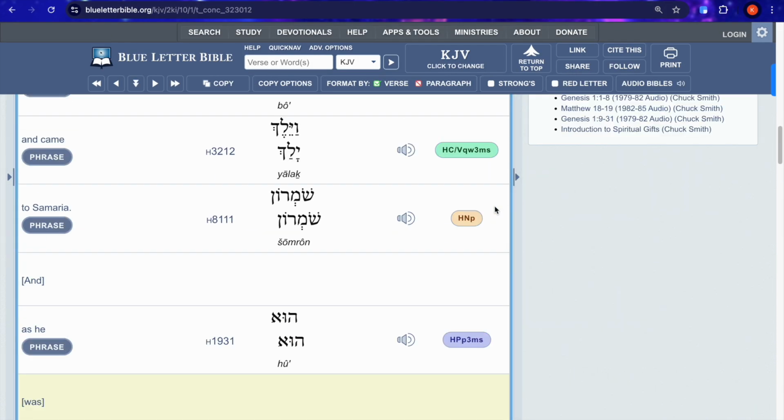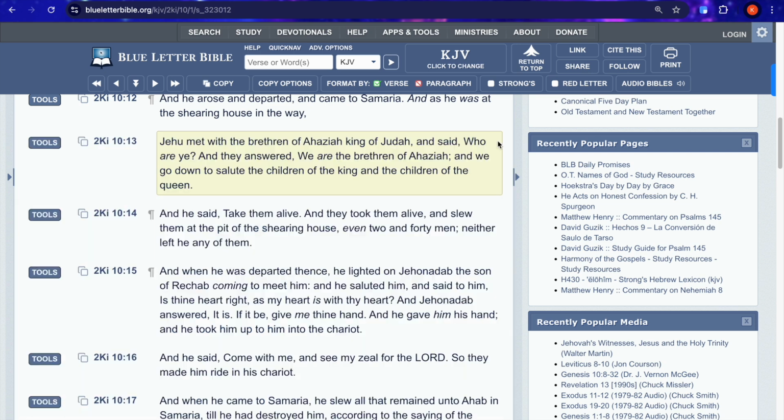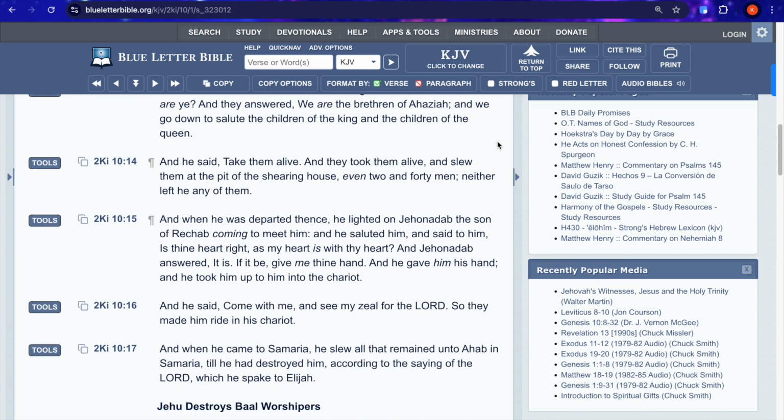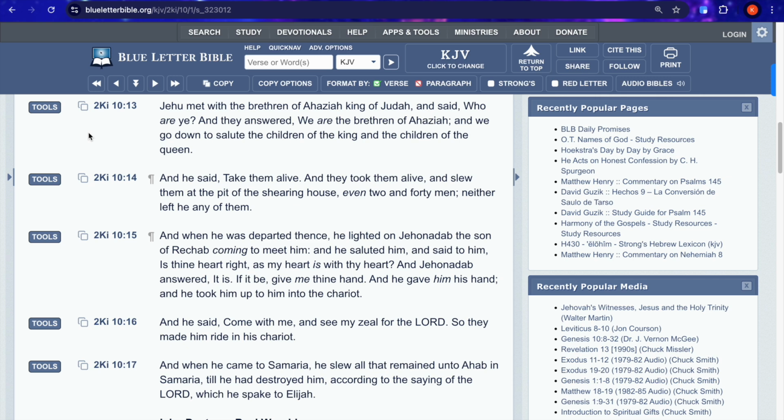So he goes there, and right around that area, he meets the brethren of Ahaziah, the king of Judah that Jehu had also slain, and said, "Who are ye?" That's what Jehu asked them, and they answered, "We are the brethren of Ahaziah, and we go down to salute the children of the king and the children of the queen," being those of Ahab and Jezebel.